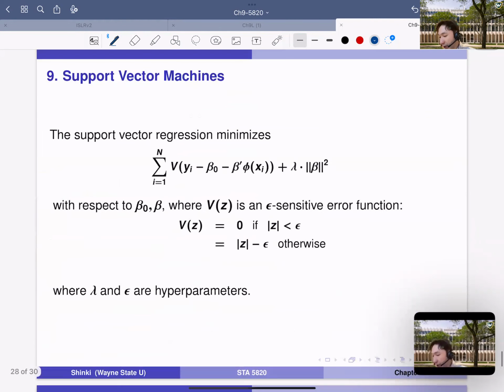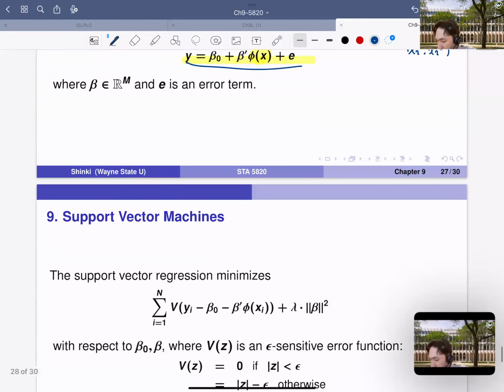And the support vector machine has an additional modeling idea. That is kind of similar to ridge regression. We minimize the error size, that is the first term of this objective function, and also lambda, a constant, times the length of beta squared. That is basically beta 1 square, beta 2 square, up to beta m square.